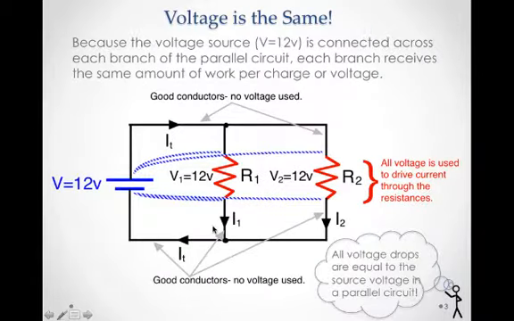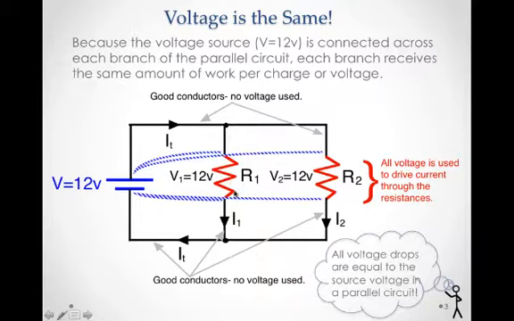Let's take a look at a very important concept with parallel circuits, and that is the idea that voltage is the same across all the components in a parallel circuit. And this is why. Here's our source, and if we look right here, this good conductor connects to the top of resistor 1, and it doesn't take any work to move the charge right to here.